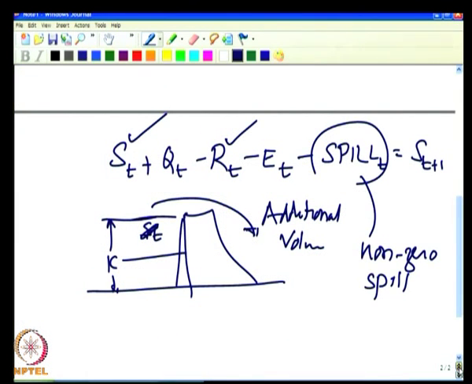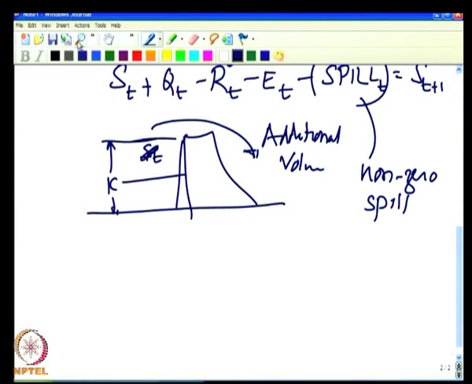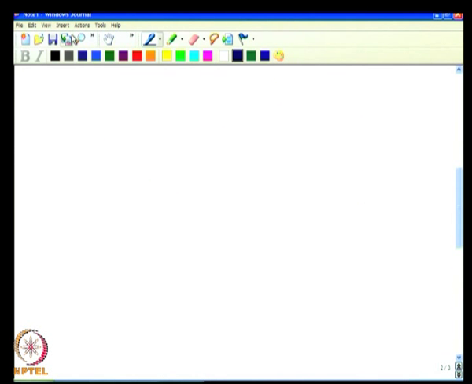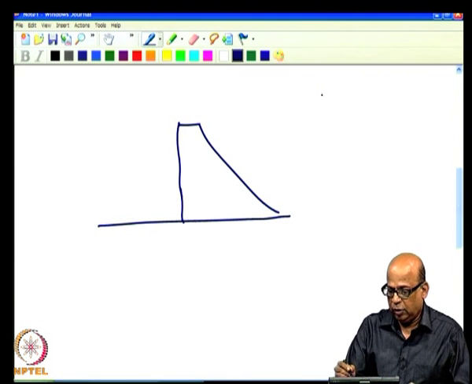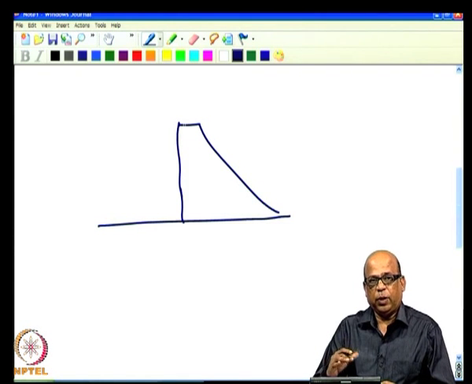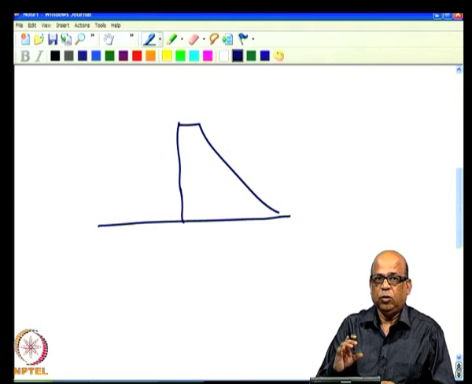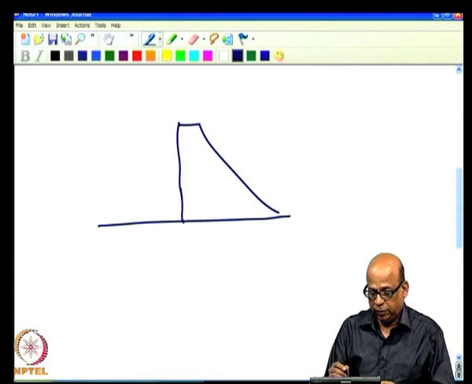Let us say that you have a reservoir of known capacity, and then you are operating this reservoir. The reservoir is typically operated through sluice gates. Let us say you are using the water for irrigation purposes, you operate the reservoir through sluice gates.